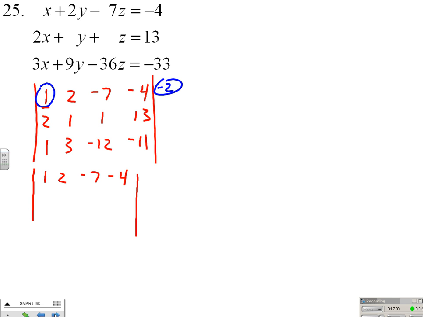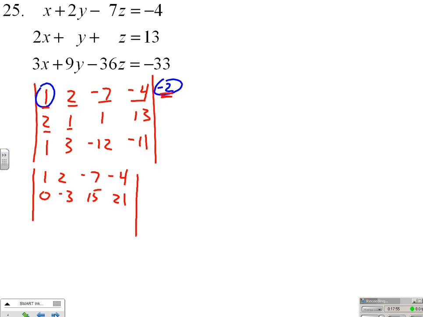Second row becomes 1 times -2, -2 and 2, 0. 2 times -2, -4, and 1, -3. -7 times -2, 14 and 1, 15. -4 times -2, 8 and 13, 21.